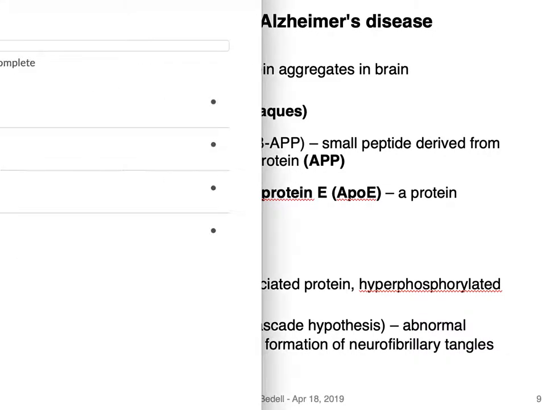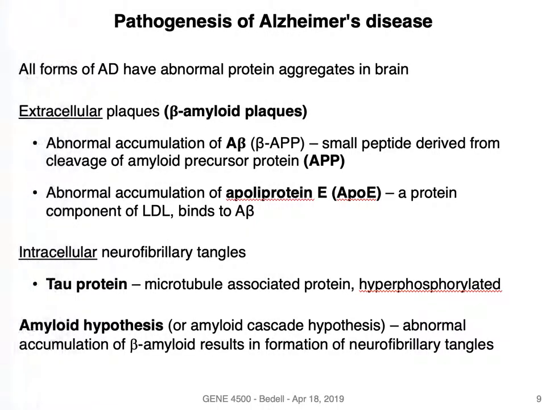The A-beta is soluble in the extracellular space, and ApoE is in the extracellular space. Then, this is getting ahead, but that complex of ApoE and A-beta is delivered to neurons through endocytosis. So that's the normal process, but something is going haywire with this.